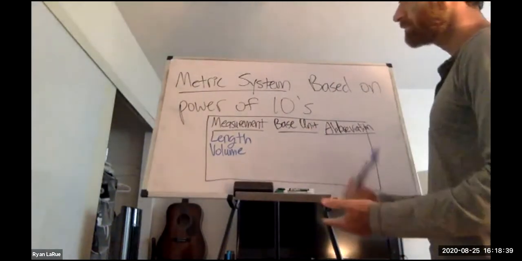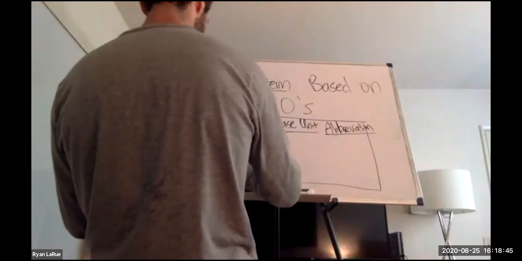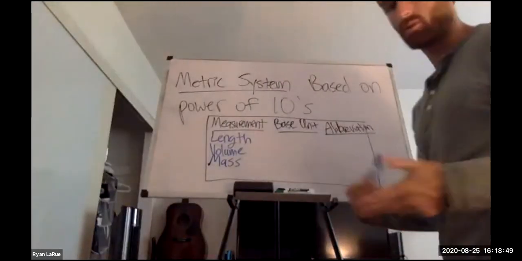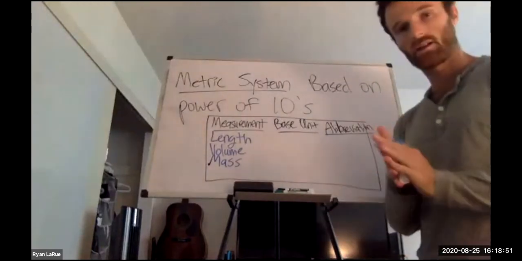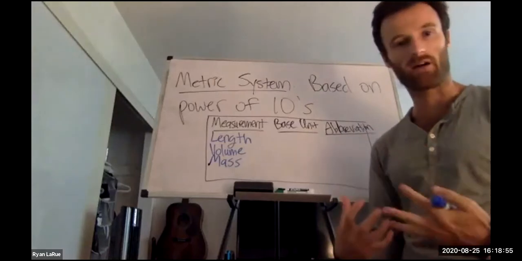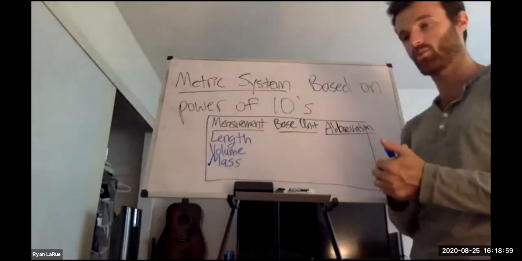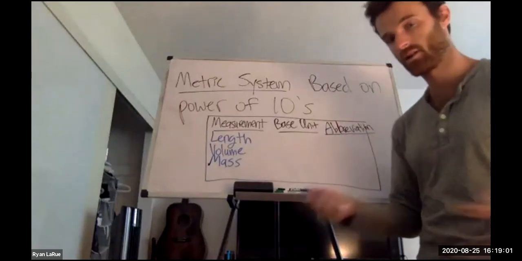And then I mentioned mass, the mass of an object. Mass, as opposed to weight, refers to how much stuff is in that object. And the more scientific word for stuff is matter.